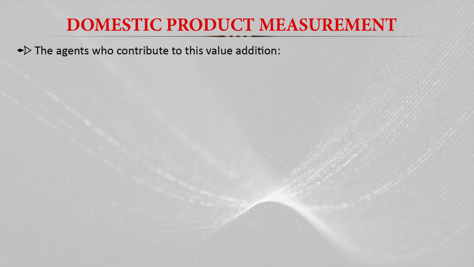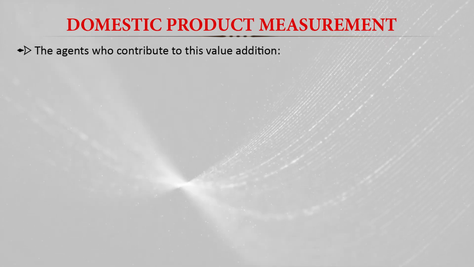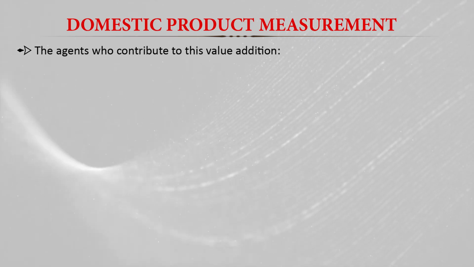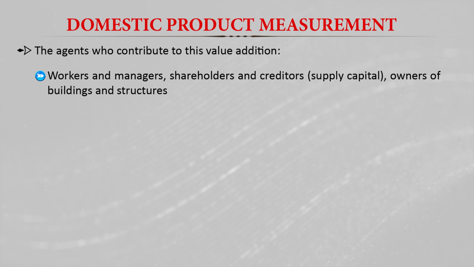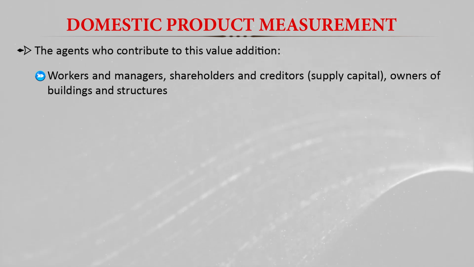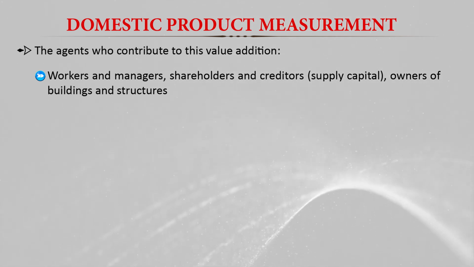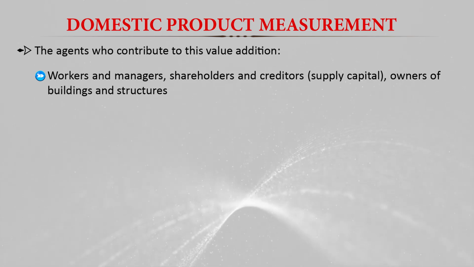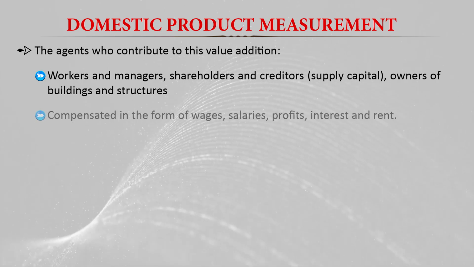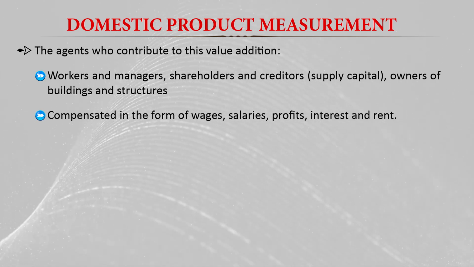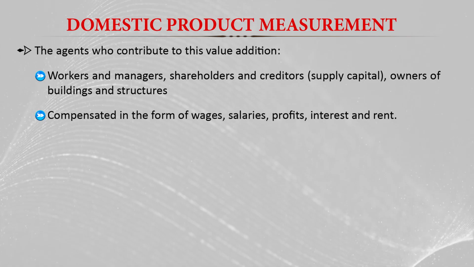And basically there are different agents who contribute to the value addition, like the workers and managers, shareholders and creditors, who supply the capital, and owners of buildings and structures or the farm structure. They are compensated in the form of wages, salaries, profit, interest and rent.